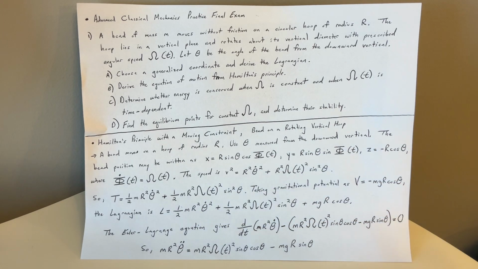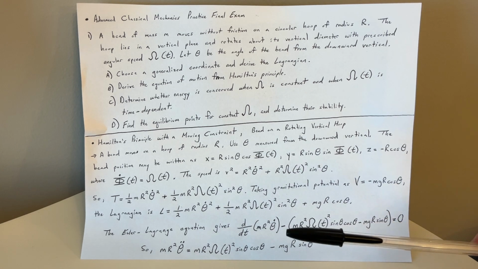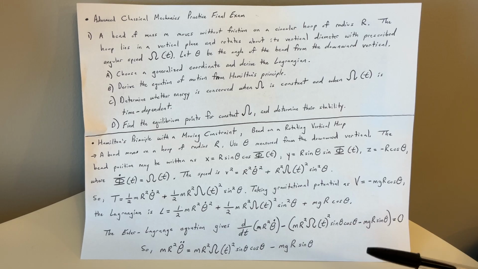And the Euler-Lagrange equation gives d/dt of m r squared theta dot, minus the quantity m r squared Omega of t squared sine theta cosine theta, minus mgr sine theta, and that equals 0.